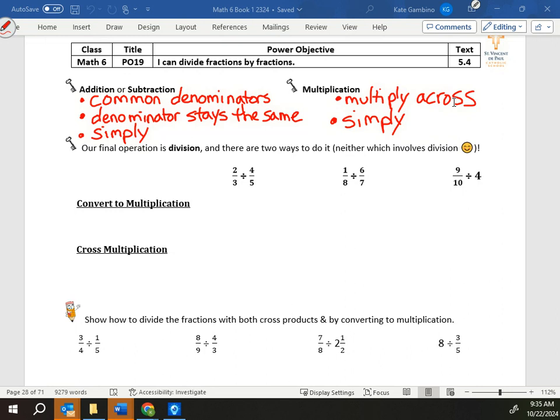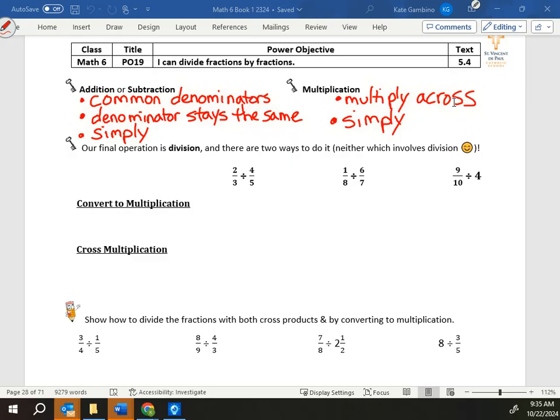So let's look at some examples. We have 2/3 divided by 4/5. We have 1/8 divided by 6/7, and 9/10 divided by 4. First way we're going to look at is converting to multiplying. So if I have 2/3 divided by 4/5, how do I want to convert that to multiply?